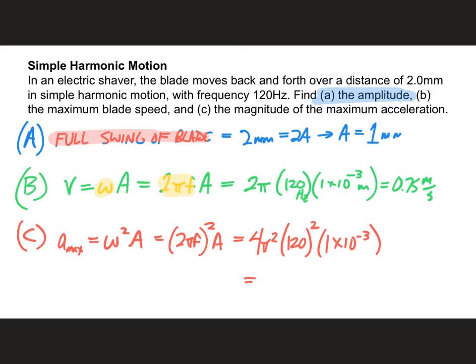And this will give me 570 meters per second squared. Okay, now we're talking, that's a lot. Divide that by 10, that's 57 Gs. That thing's cooking.